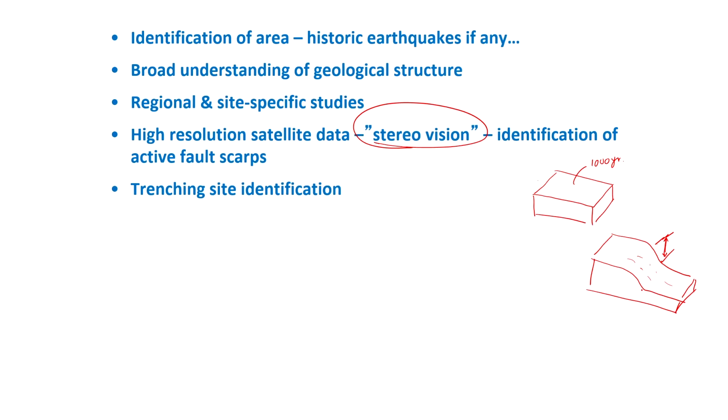So more events, and the fault might be sitting deeper, because usually the fault lies somewhere like this. If there are older events, it will be covered by more colluvial material deposited here, so the cover of sediments covering this fault will be deeper. You would need to dig deeper in terms of excavation, so that is not advisable. So trenching site identification is also important.